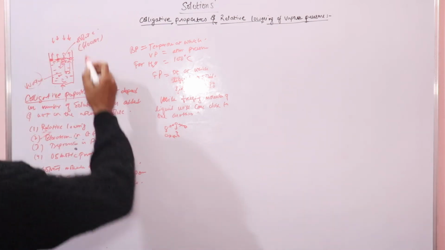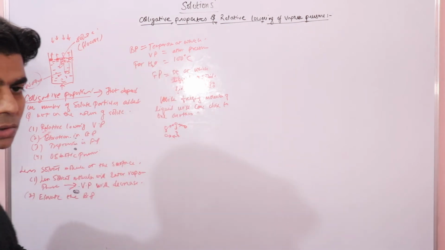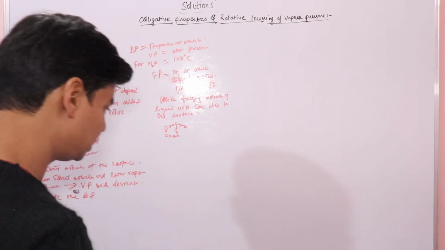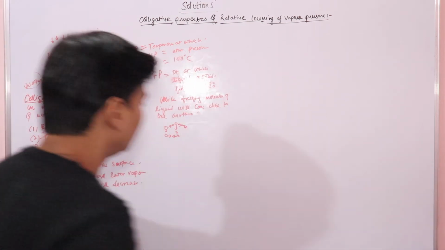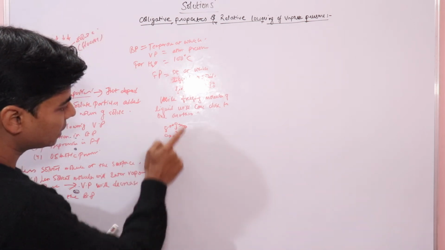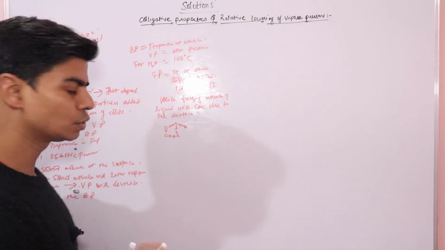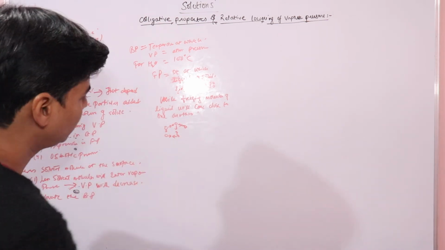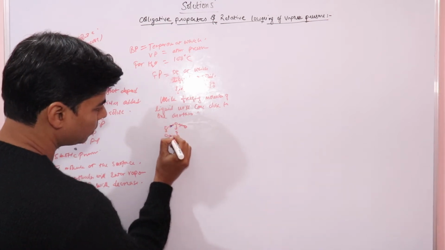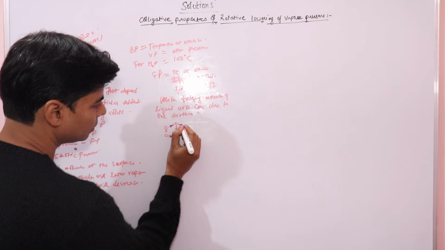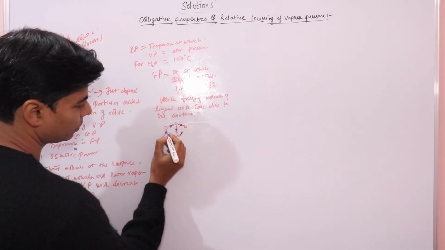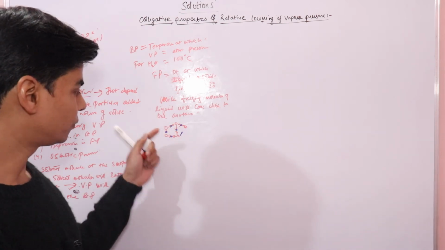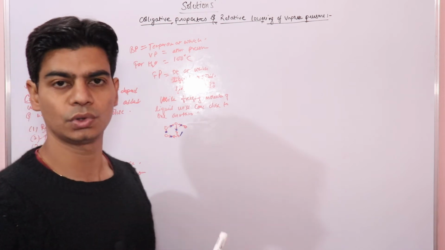Now let's take the case when you add a solute, glucose, to it. Let me show it with a different color. Here in this case there was no solute, no glucose. So when you add glucose to it, these glucose molecules will come in between these liquid molecules, and they will produce hindrance to these molecules coming close to one another.